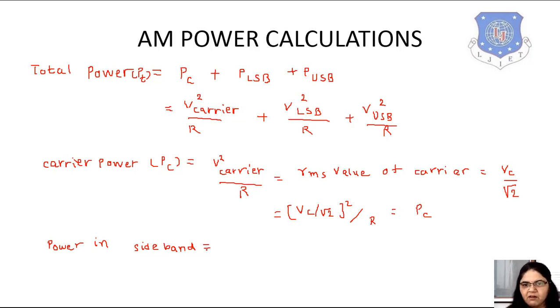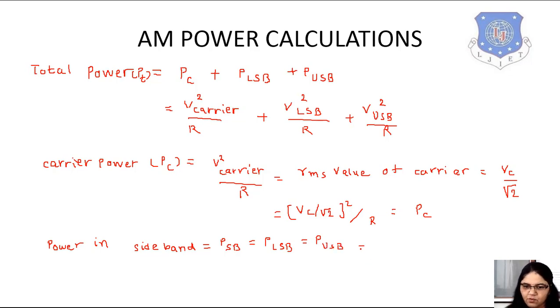Therefore, the power required to transmit both sidebands would remain the same. So I will write PSB, and PSB is equal to PLSB, equal to PUSB.